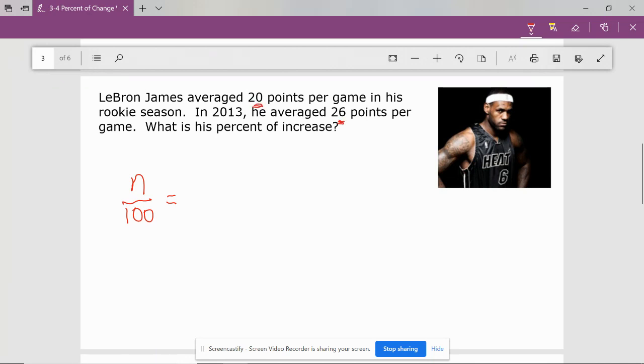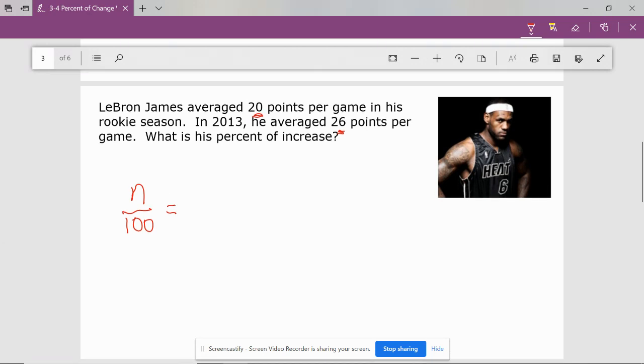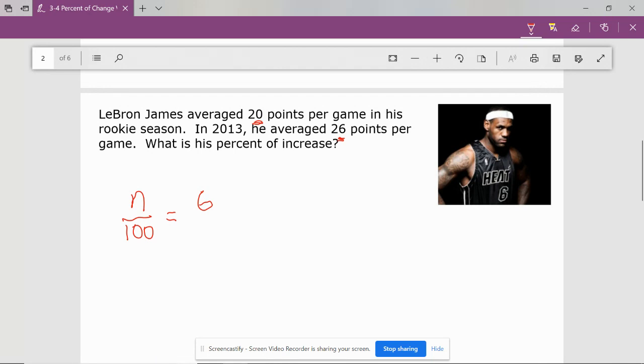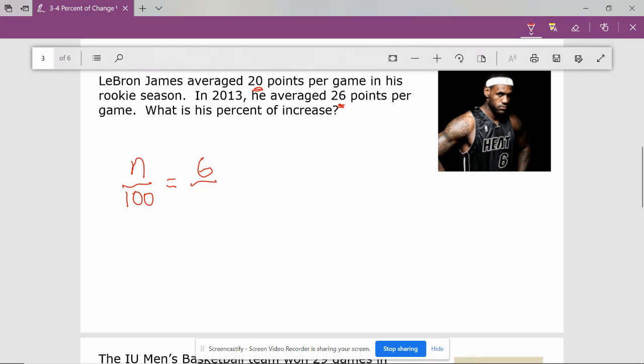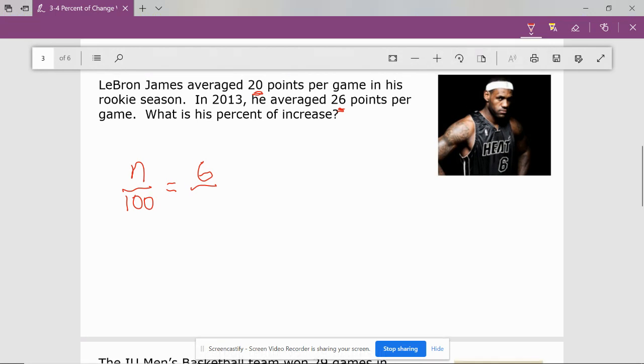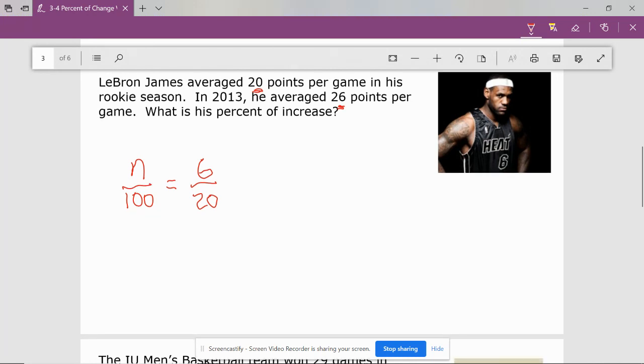If we take 26 minus 20, we get 6. So that's a 6-point difference, and that's going to go on top. And then our original points, what he originally scored his rookie season, is 20, so that's going to go on the bottom. When we put that all together and cross multiply, we get 20n equals 600.